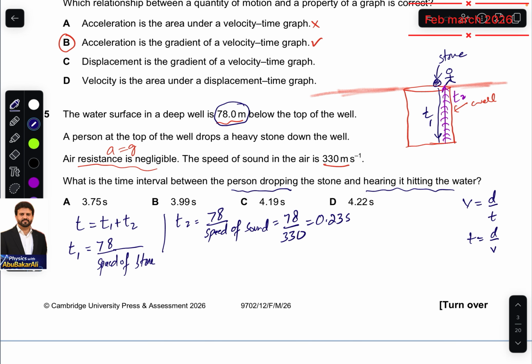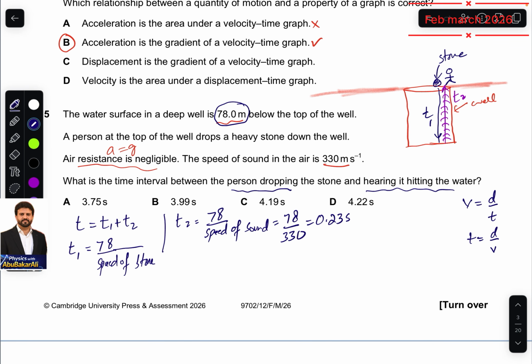Now I have to find the speed of the stone. What information do I have? It's a free fall motion, and acceleration equals g. There are different ways: you can apply the equations of motion, or you can simply apply energy conservation. At this point the stone has potential energy, and at the bottom all the potential energy changes into kinetic energy.